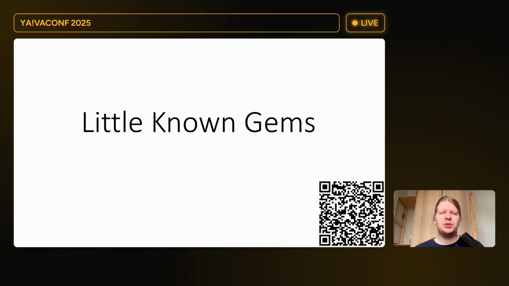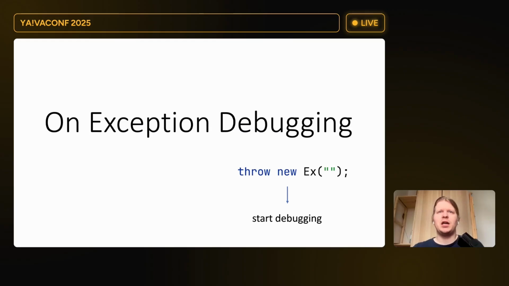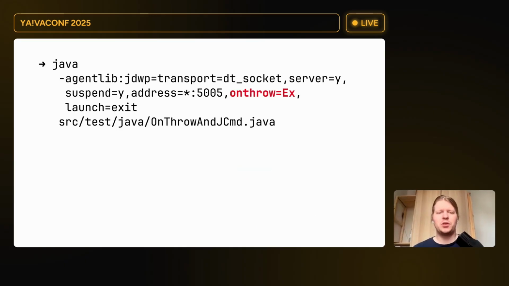And now to a few little known gems. One is the on-exception debugging. So whenever you throw an instance of an exception the first time, and you specify which exception it is, you can start a debugging session, which is pretty cool.